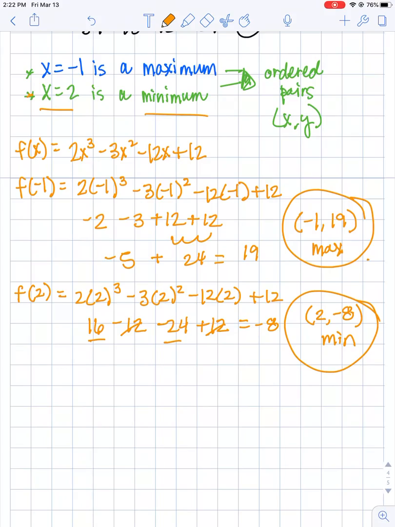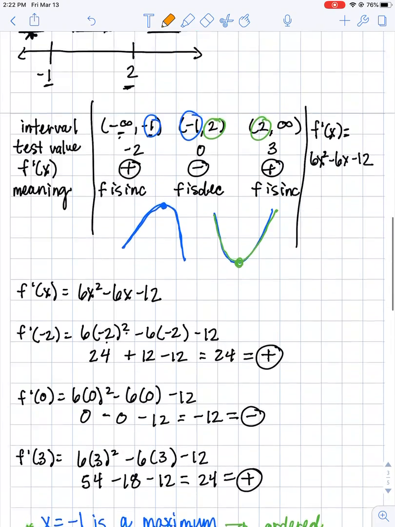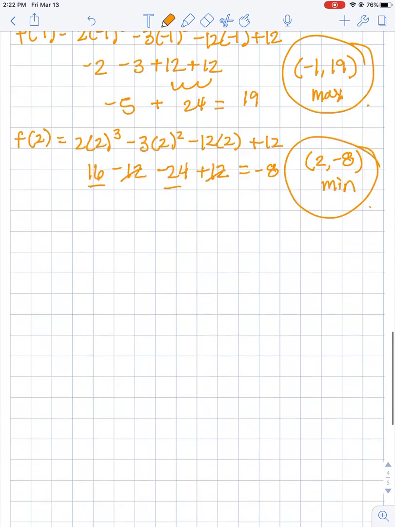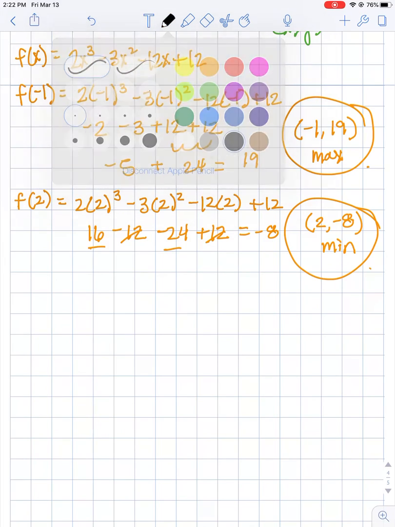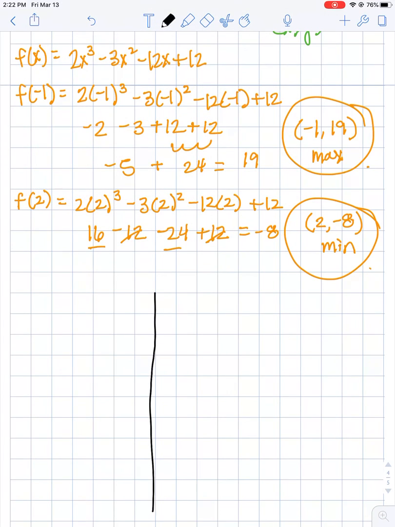It wants the max, it wants the min, and then the next thing is going to want us to graph it. And so if I briefly sketch this thing. Okay, let's say this is -1, all the way up to 19, there's going to be a maximum. At 2, let's say this is 1, 2. At 2, -8, let's say this is -8, we have a minimum.